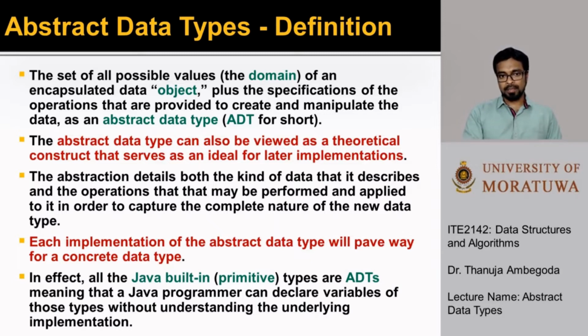So all the Java built-in types, or the primitive types, are abstract data types. So you can declare variables of those types without understanding the underlying implementation.